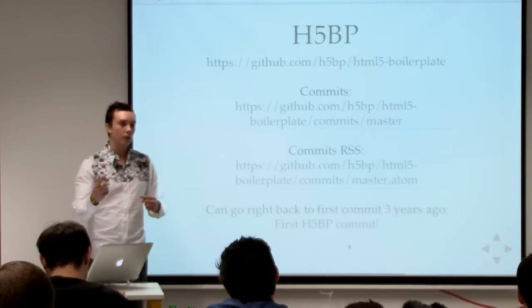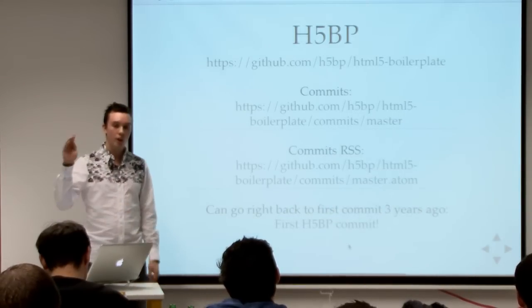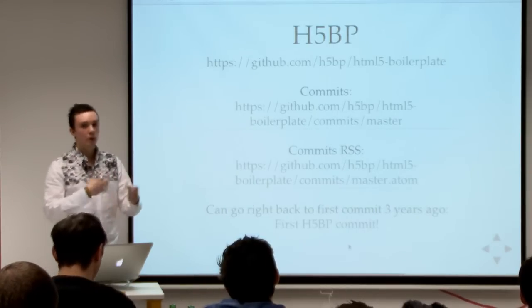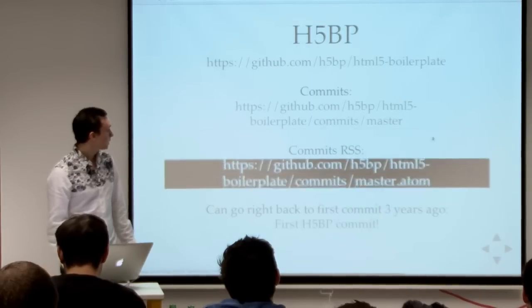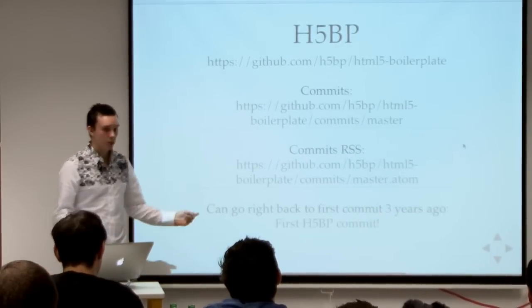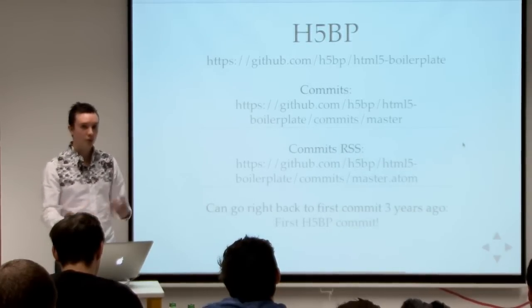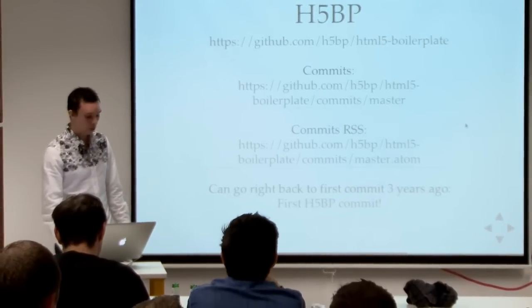If you've got some spare time, go back and have a look at some of the commits, and it's really interesting some of the discussions that have gone on, why certain things have changed and how the project's evolved. It's really, really interesting, or at least I find it interesting anyway. So again, do the same thing with Vienna: I copy the RSS link and just keep on top of anything that's happening within the HTML5 boilerplate.